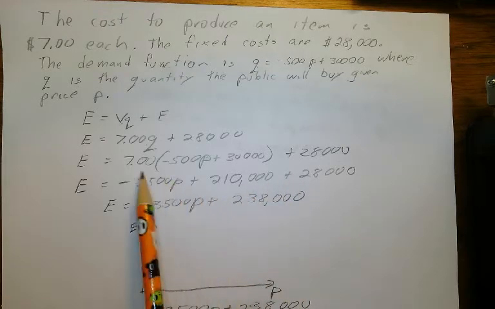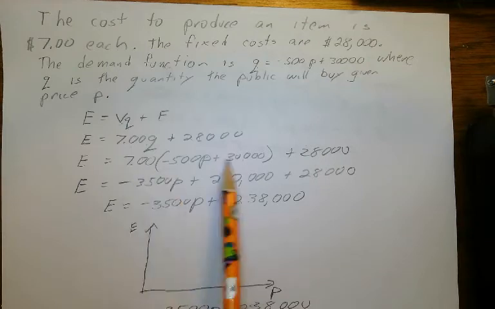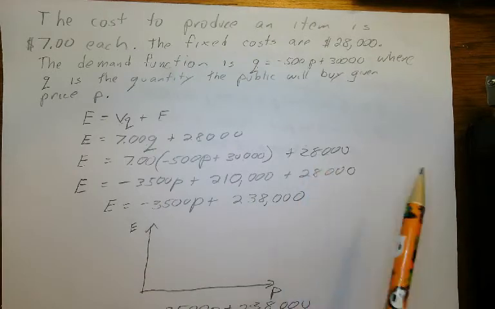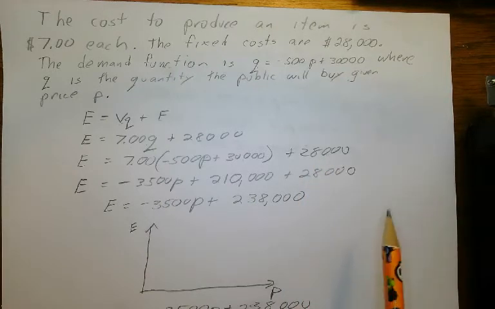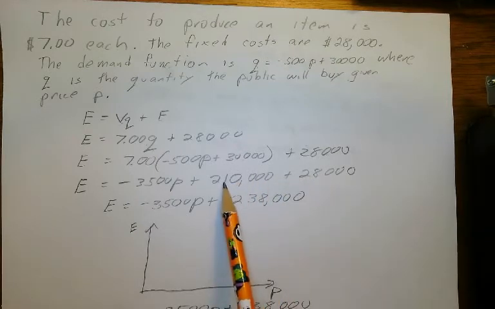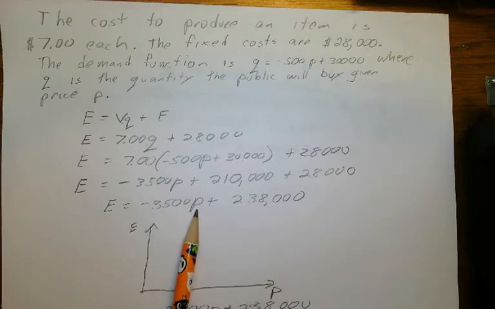We distribute the 7 times this, and we get this and that. 7 times minus 500 is minus 3,500. 7 times 30,000 is 210,000. We don't distribute it plus to 28,000 because it's not inside the parentheses. We then combine the like terms, the 210,000 plus the 28,000, and we now have our expense function expressed in terms of price, which is what we want to do.